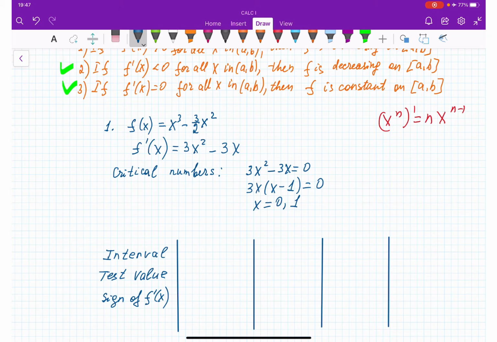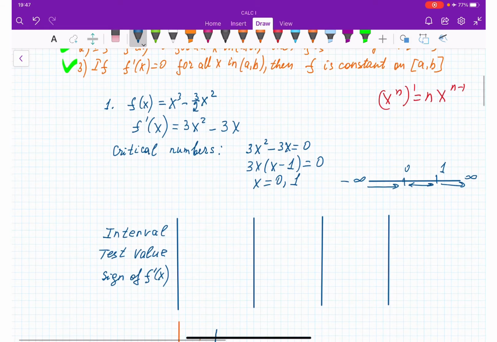So these critical numbers are breaking the number line, let me do it straight, into the following intervals. If this is our 0 and this is our 1, then we are getting 3 intervals: one is from negative infinity to 0, this one is from 0 to 1, and from 1 to positive infinity.